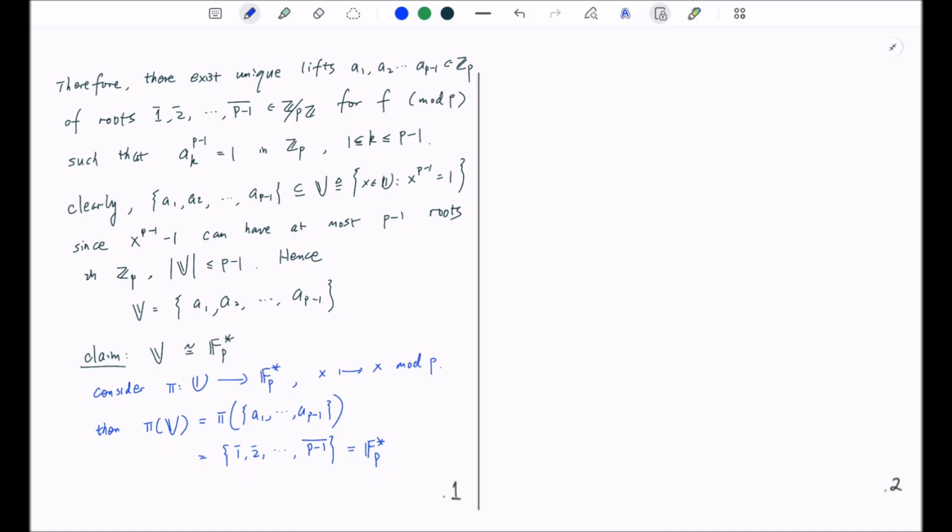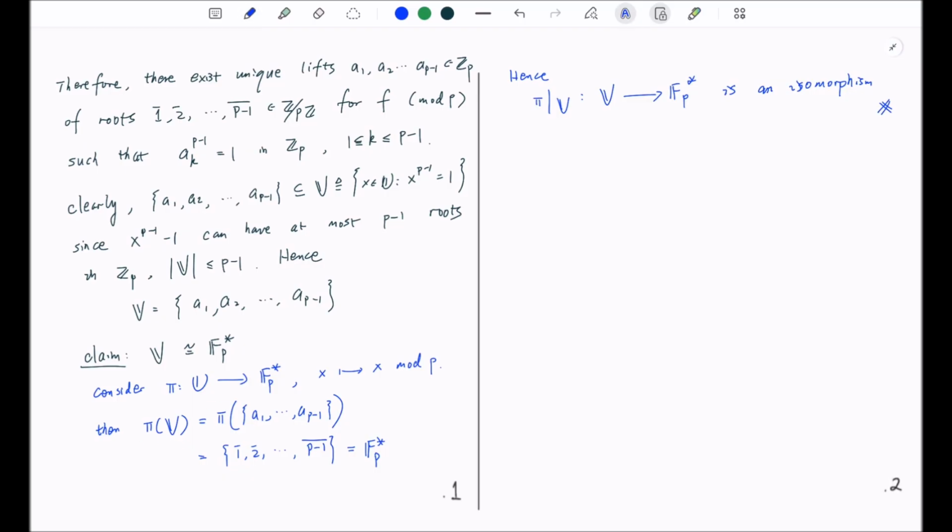Therefore, this restriction must be an isomorphism, as this is a group homomorphism from a finite group to another finite group, and they have the same cardinality. Because it is a surjection, this must be a bijection, so this must be an isomorphism. This verifies this claim.